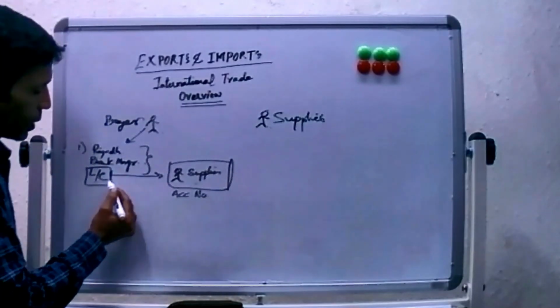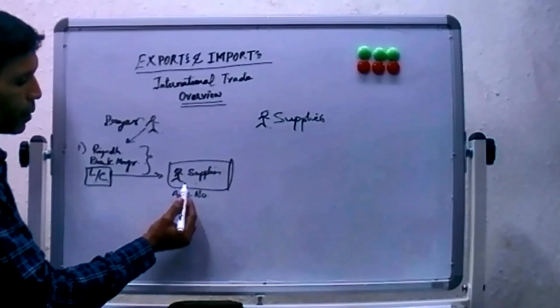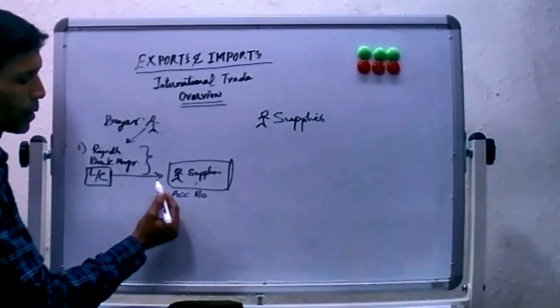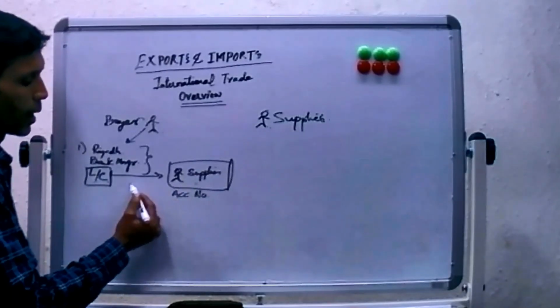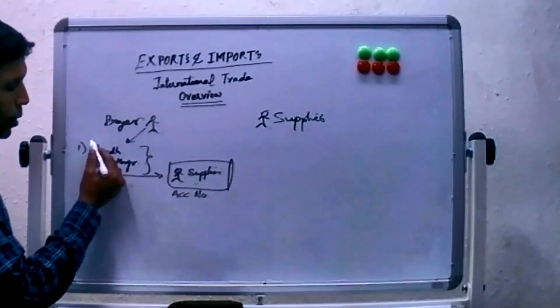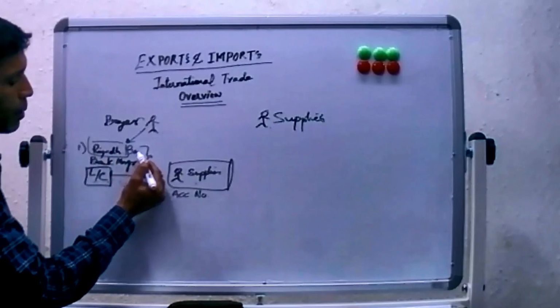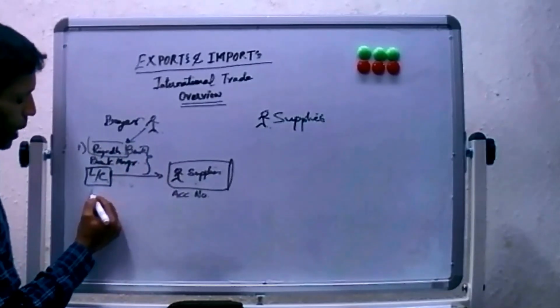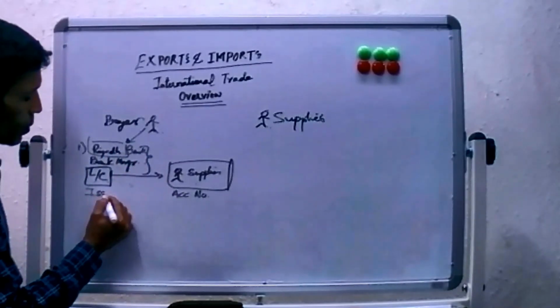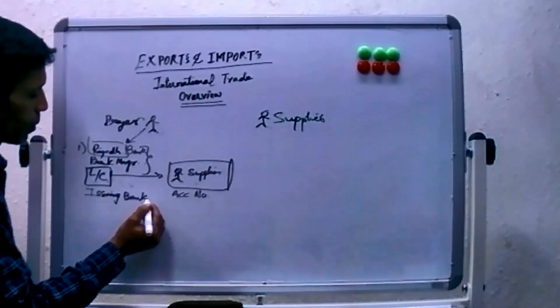So once the LC is prepared, the supplier's account number is there, everything is there. Now the buyer will send this LC, not the buyer, the bank will, the issuing bank, because the Riyadh Bank is nothing but the issuing bank.